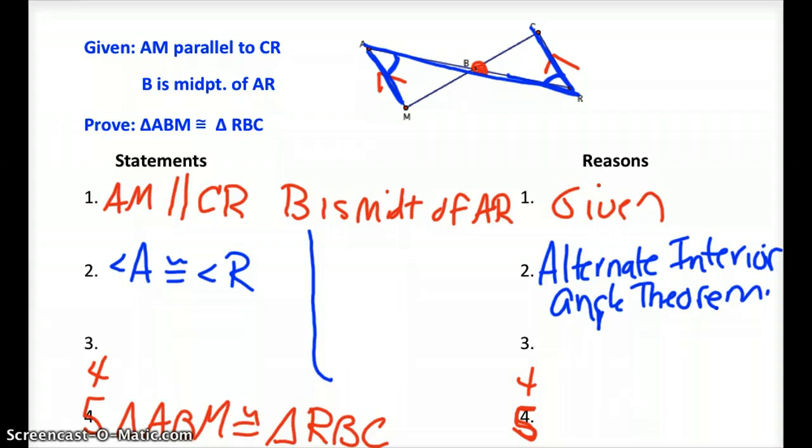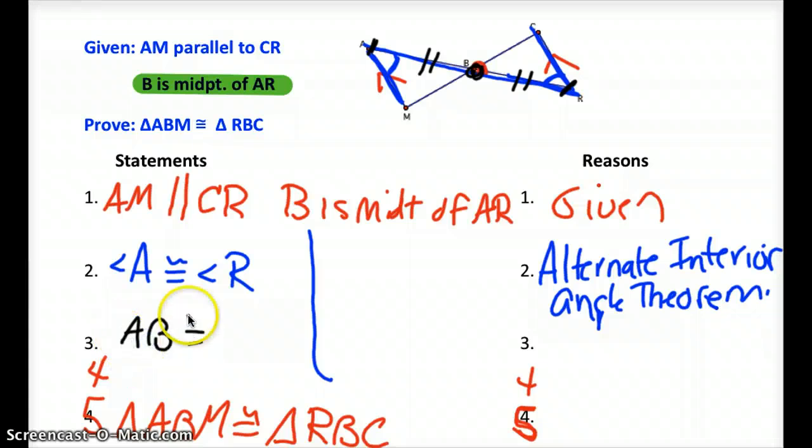I'm reading my given, and I'm reading B is the midpoint of AR. So here's B, and it's the midpoint of AR. So you would have marked these 2 equal then. So I'm going to write AB congruent to BR. Now somebody might be saying, hey, I wanted to write that in the number 2 spot. You could have done that. Those things could have been rearranged.